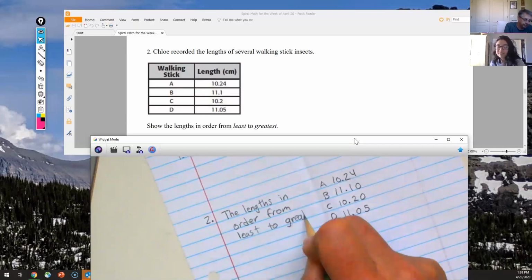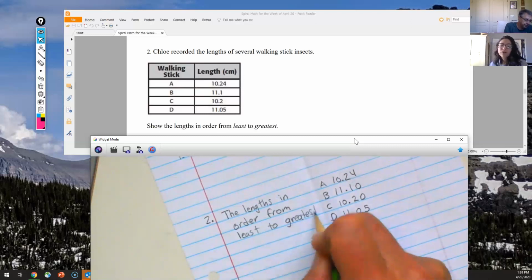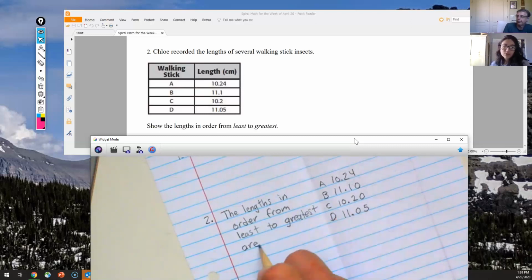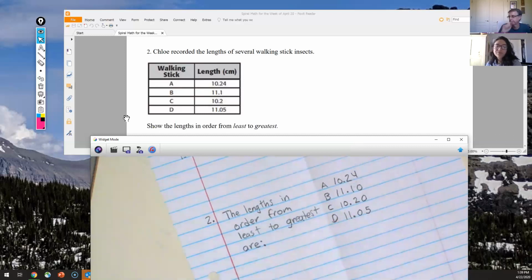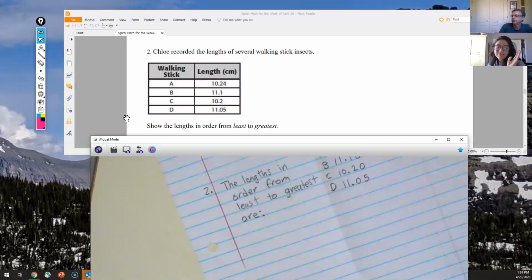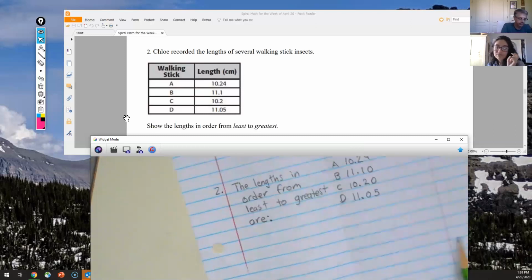And make sure you have lengths as well as order, as well as the words least to greatest, which means smallest to largest.